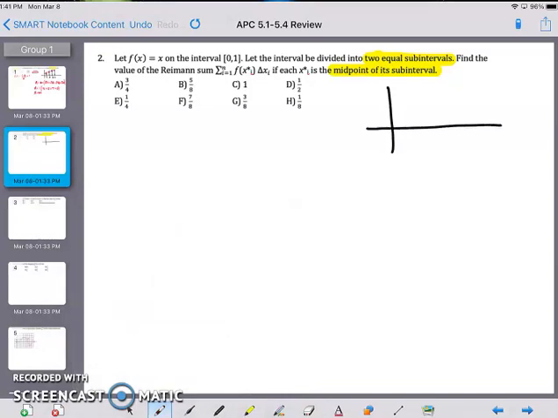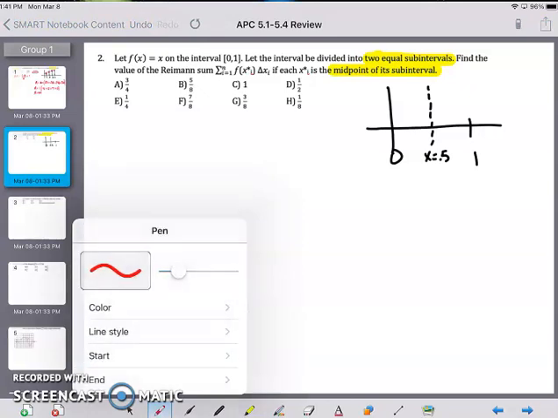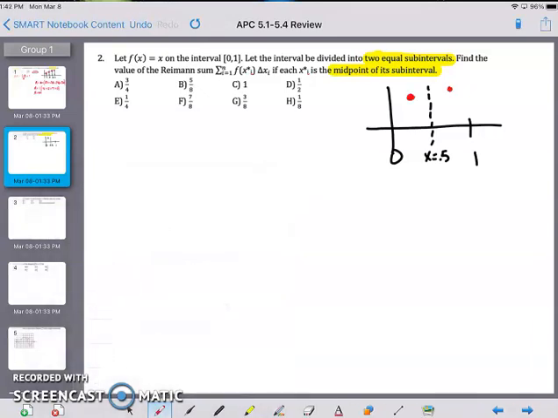Here's my x-axis, and I'm only going from x equals 0 to x equals 1, but I'm dividing this into 2 equal subintervals, so I know that this would have to be x equals 0.5. If I'm doing midpoints, then the heights would be wherever the value of the function is here and here, which would be at x equals 0.25 and at x equals 0.75.